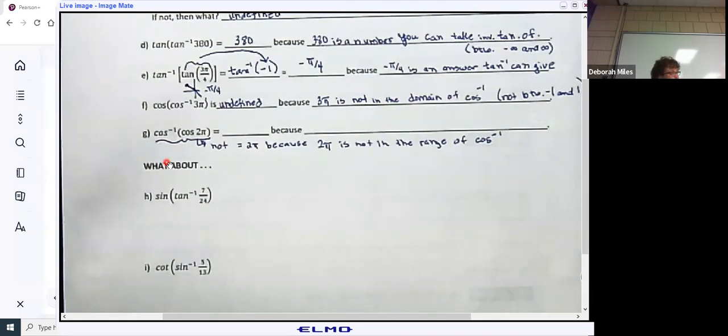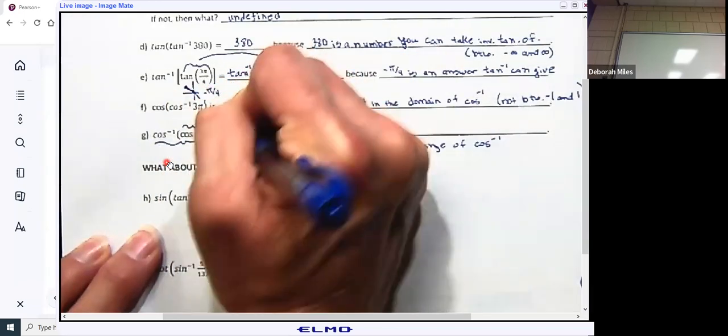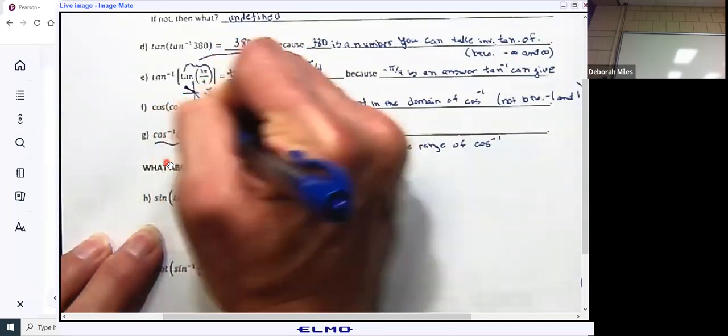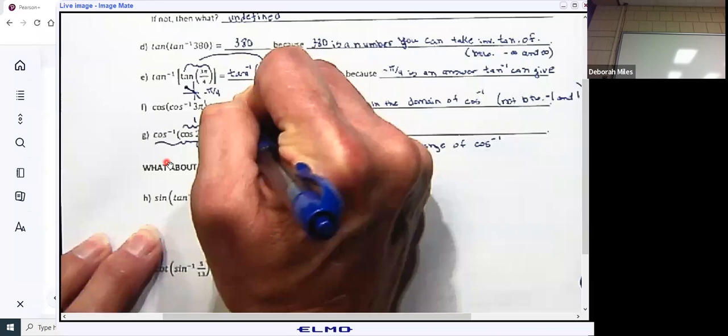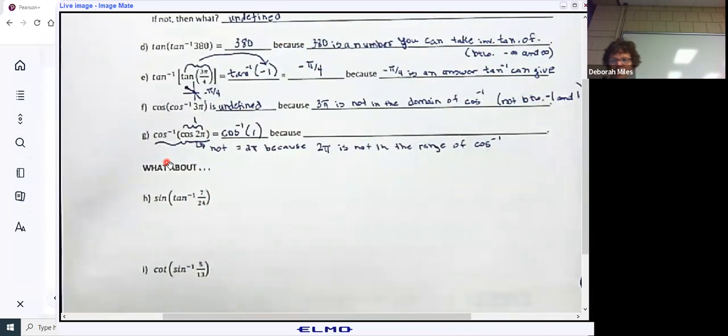I can tell you what cosine of 2 pi is. What's cosine of 2 pi? It's 1. So I need to find an angle between 0 and pi, inclusive, where cosine's the same thing.